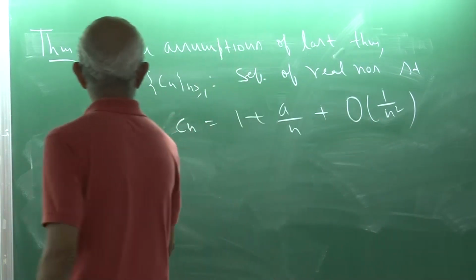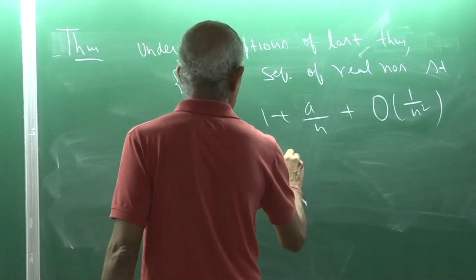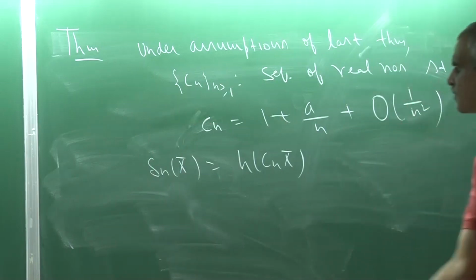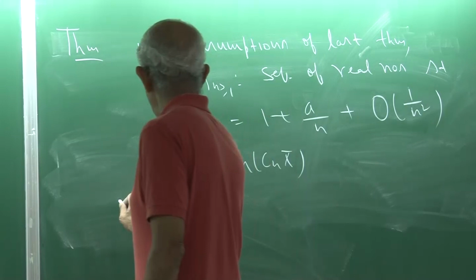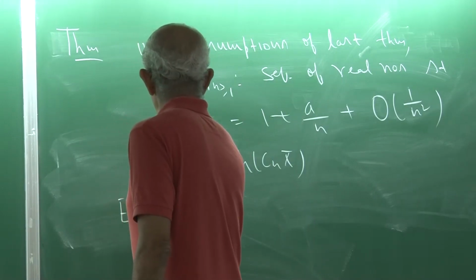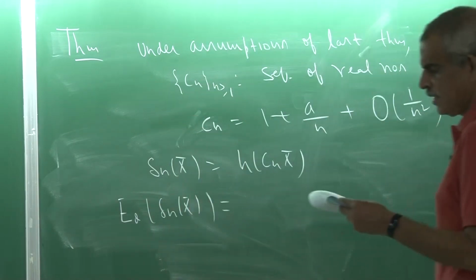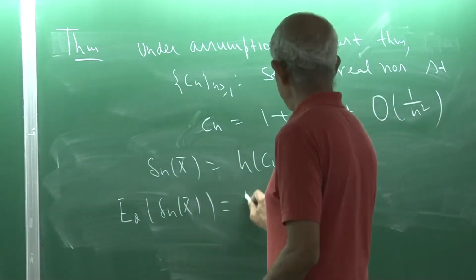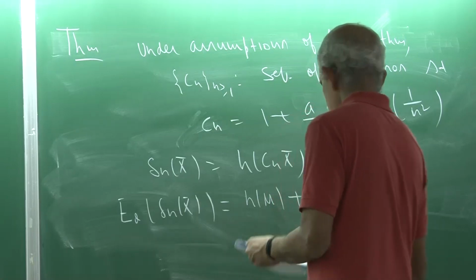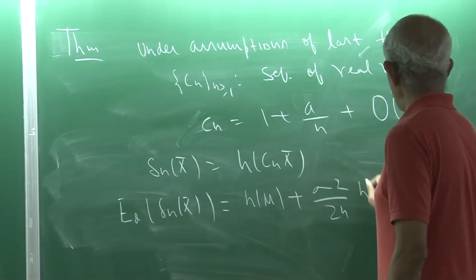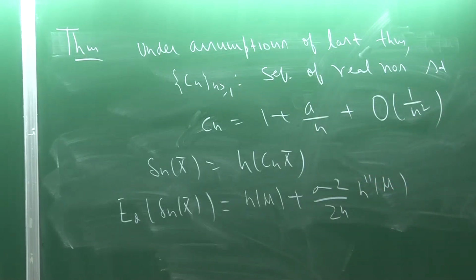And your delta n x bar, your estimator, is h of Cn x bar. Now if that is the case, then the expected value of delta n of x bar is the same as h of mu plus sigma square by 2n h double prime mu, because Cn is of a by n order, so that would also come into the picture.